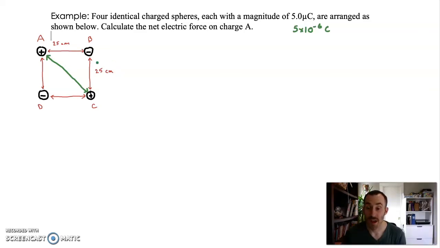We'll call that distance D. Using a squared plus b squared equals c squared, D is going to be the square root of 0.25 meters squared plus 0.25 meters squared, or just 2 times 0.25 meters squared.